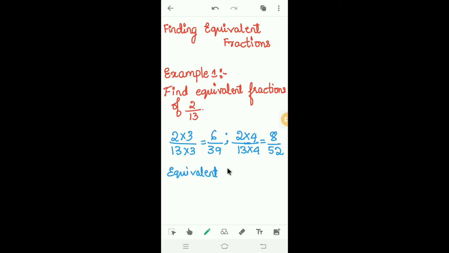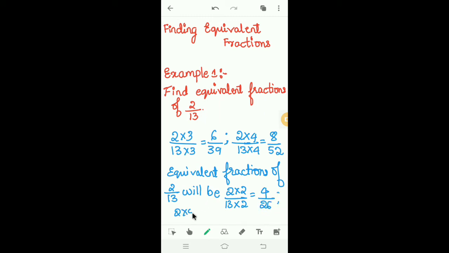Equivalent fractions of 2 by 13 will be 2 into 2, 13 into 2 is equal to 4 by 26, 2 into 5, 13 into 5 is equal to 10 by 65.